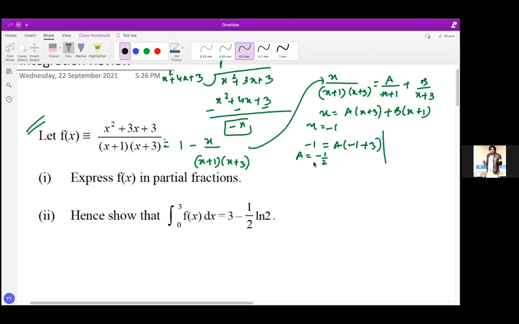Similarly, plug in x as -3. So you plug in x as -3 here, you get -3 equals b times -3 plus 1, because this becomes 0 anyway. So -3 equals b times -2, and this b you get as 3 over 2.